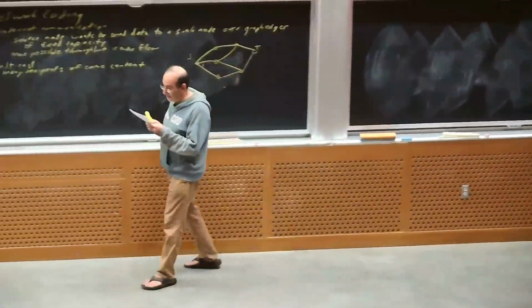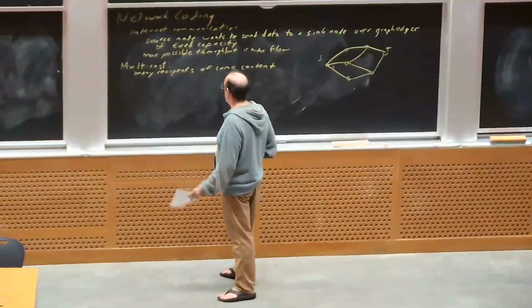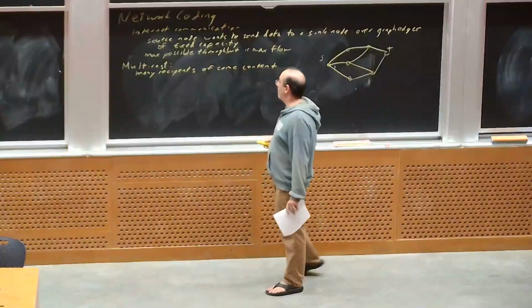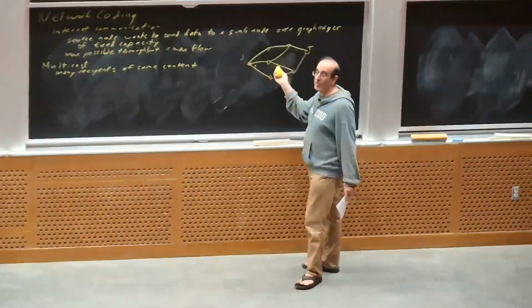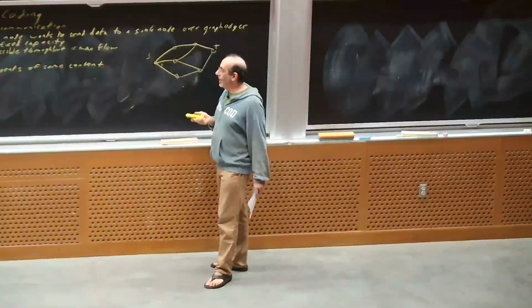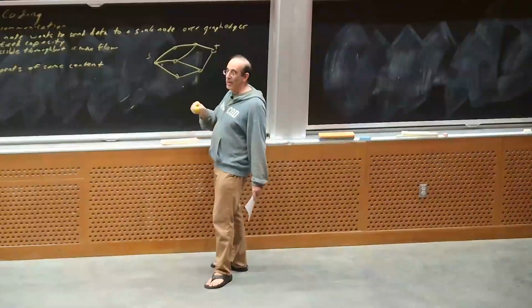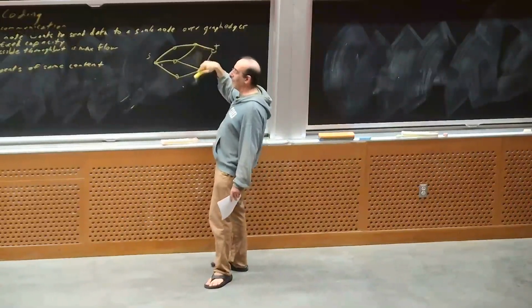So this is a much more complicated question. I mean, you could just solve the max flow problem to each recipient, and obviously you're only going to be able to send this information if each recipient has enough capacity to receive it.